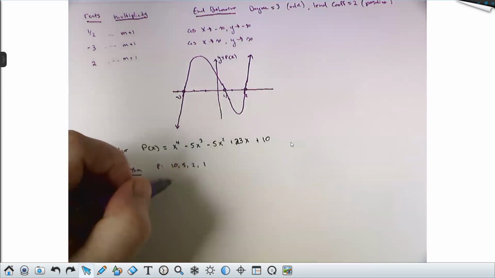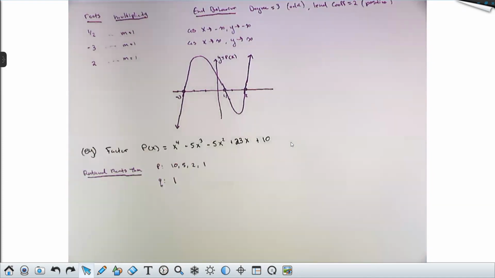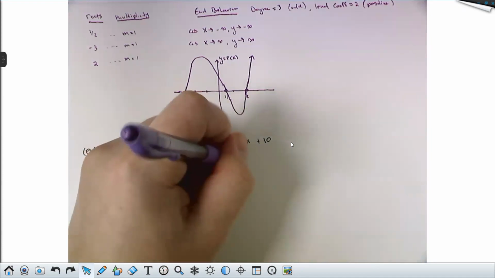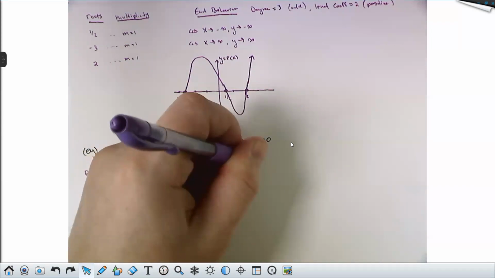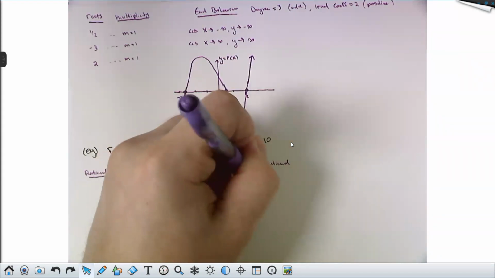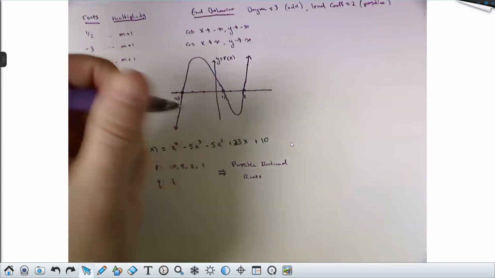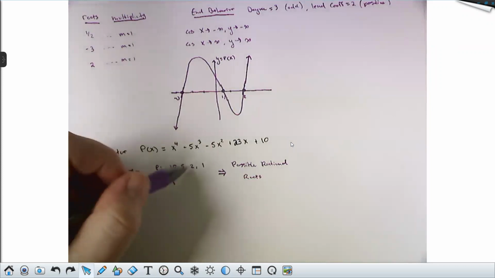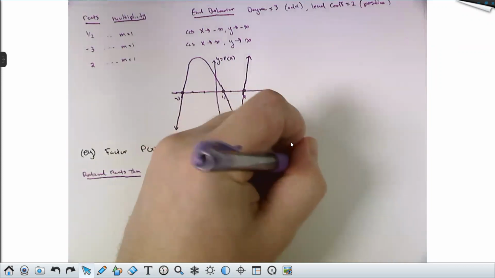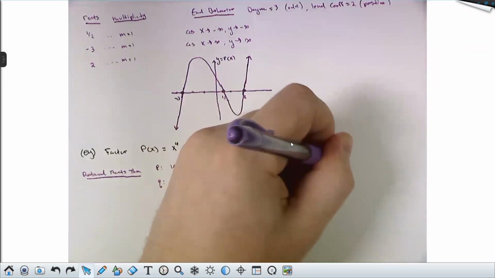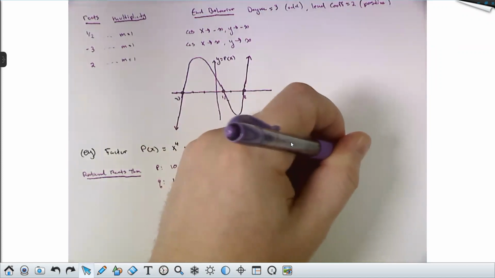The numbers that cleanly divide 1 are just 1. So my possible rational roots are plus minus 10 over 1, plus minus 5 over 1, plus minus 2 over 1, plus minus 1 over 1. In other words, just plus minus 10, plus minus 5, plus minus 2, plus minus 1.